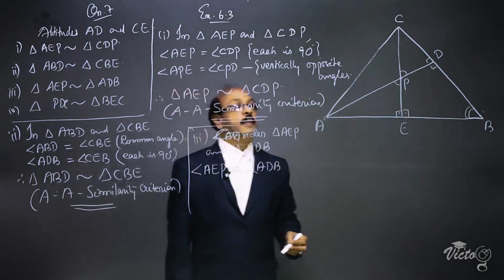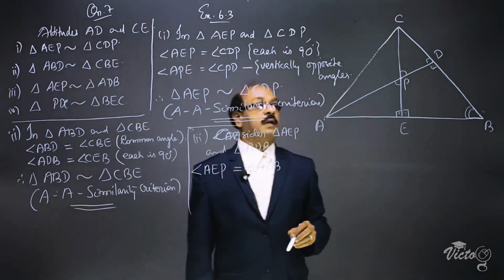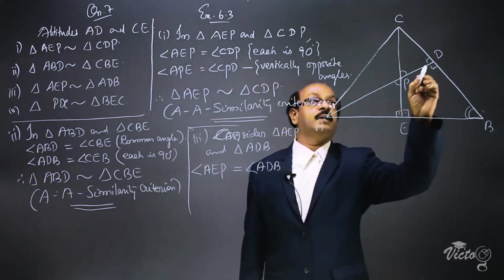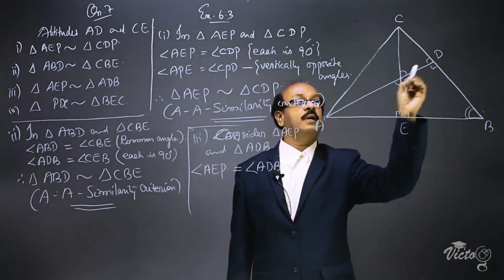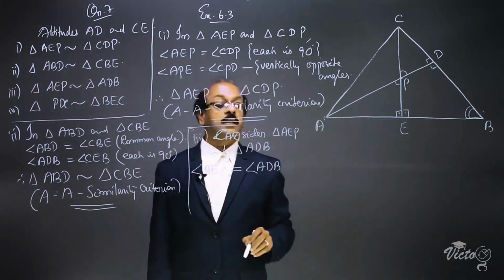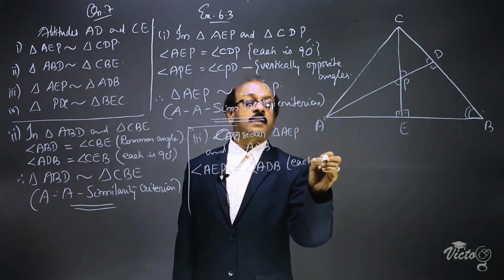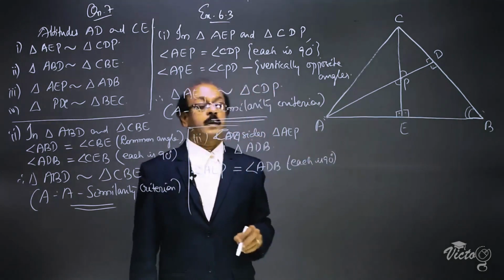See the figure. The measure of angle AEP is 90 degrees and ADB is also 90 degrees, because CE is an altitude and AD is an altitude. So the reason for this equality is each is 90 degrees.